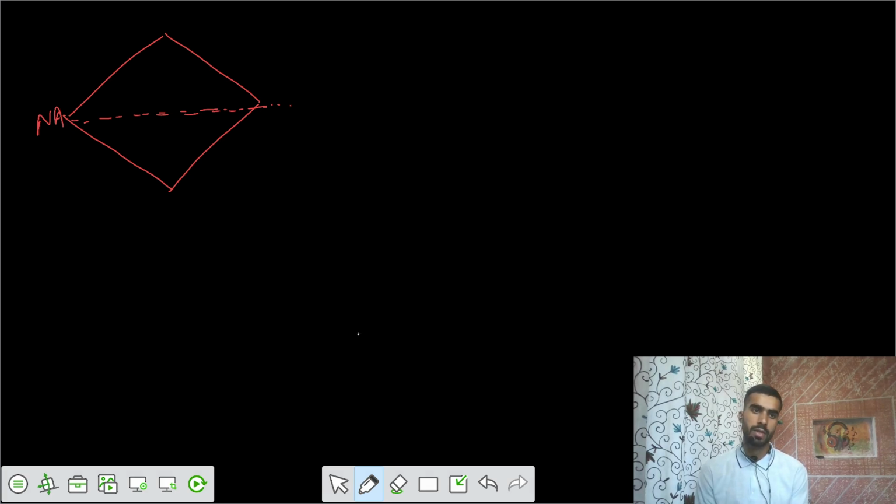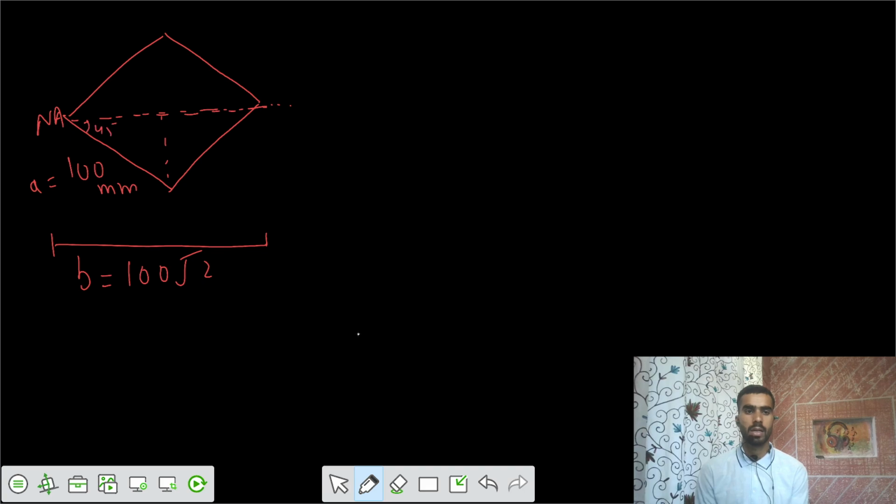So you have a square of side equal to 100 mm. Can you tell me what is the width? I would say that is 100 root 2. This is 45 degrees. I would say this is 100 root 2, and the value of h would be equal to 100 by root 2.